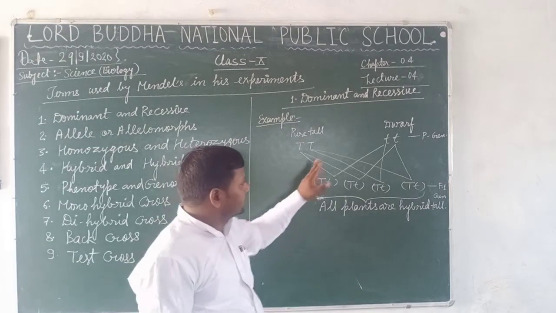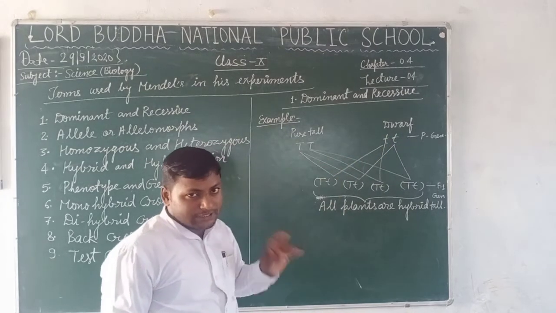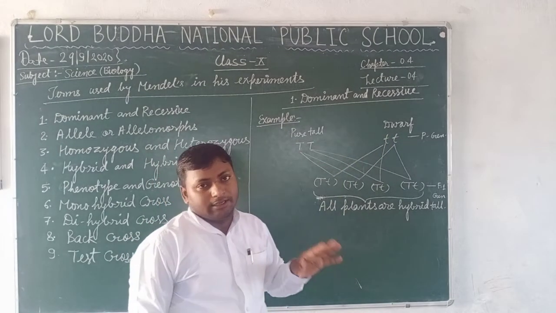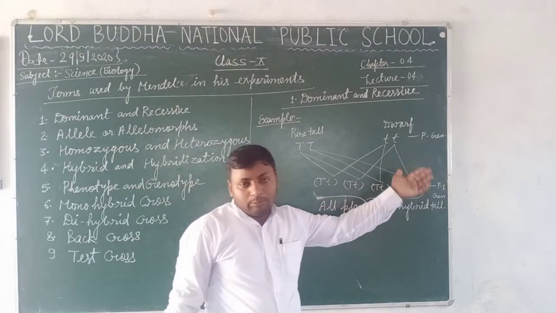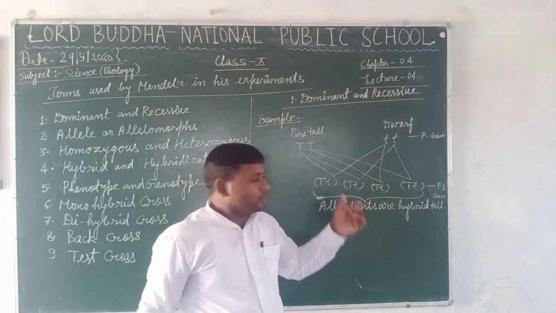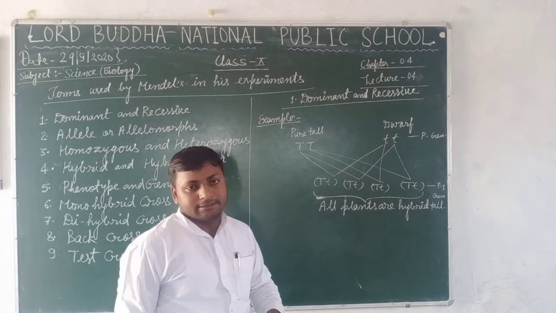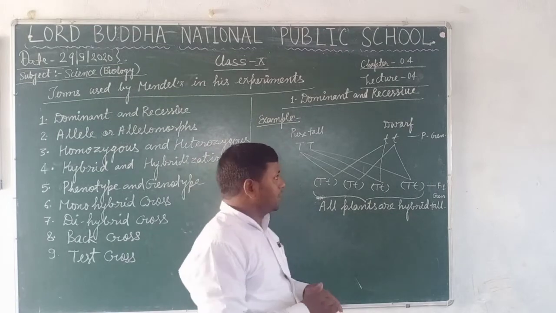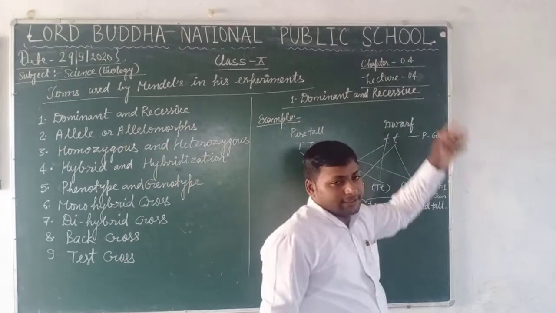The recessive traits are present in the allele, but they cannot appear due to the presence of the contrasting dominant allele. So once again I will define dominance and recessive.